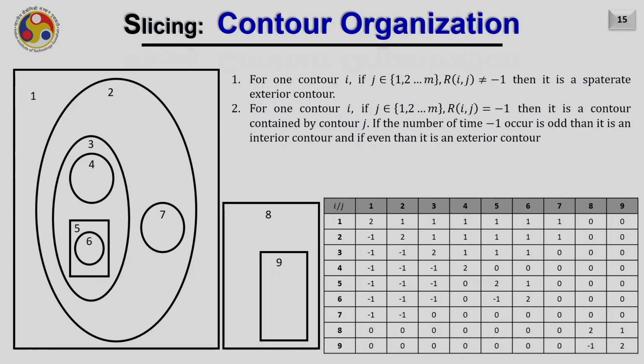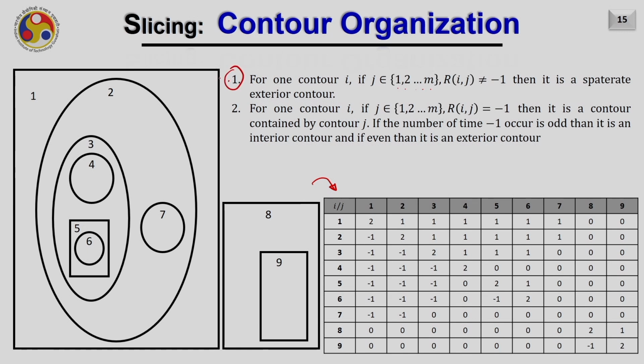Now let us see how we can utilize this developed data structure to extract the information related to the exterior and interior contours. Now let us look at this matrix. Now let us try to extract the information from this relationship matrix. There are two possibilities.